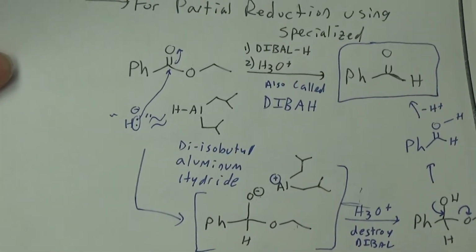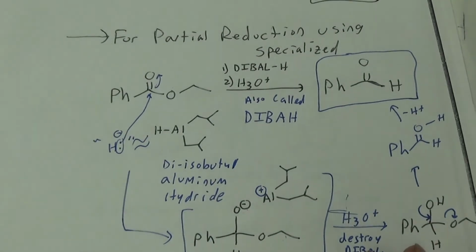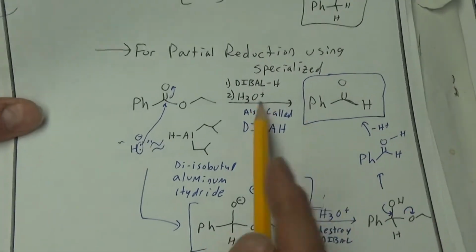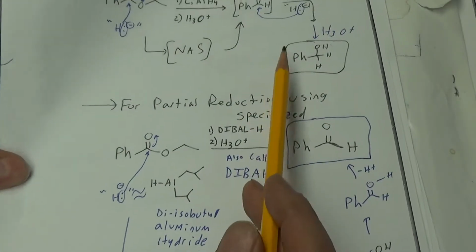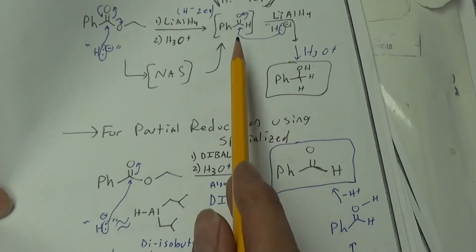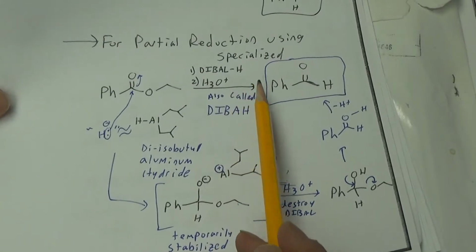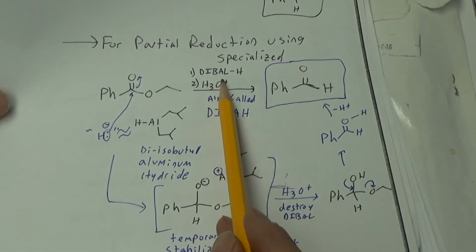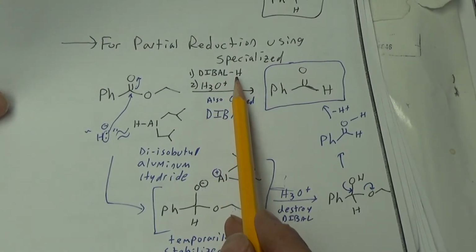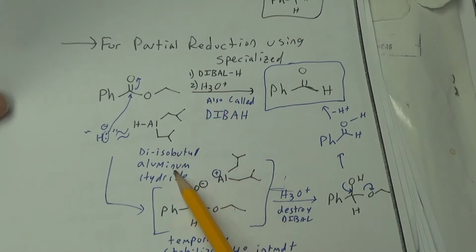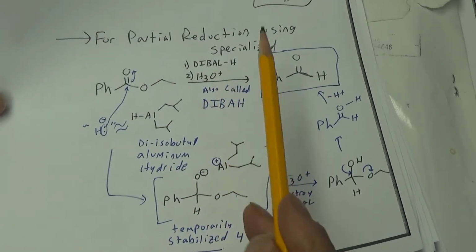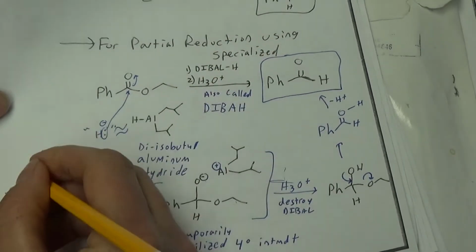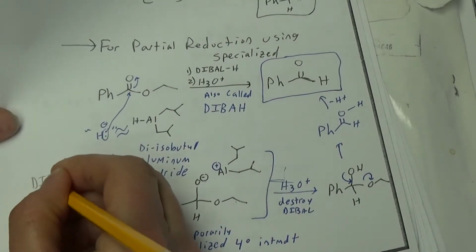And as we explained last time, we can do a partial reduction, and that means stopping at the aldehyde, right? Using a special reagent called diisobutylaluminum hydride. There are three names for it that are commonly used: DIBAL-H, sometimes you just call it DIBAL, or DIBA.